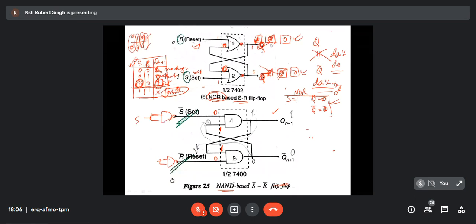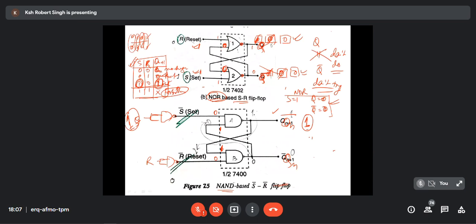This is S, this is R, and this, let's say, let it be QN bar. Let it be QN. When S is 1, this terminal will definitely be set to 1.